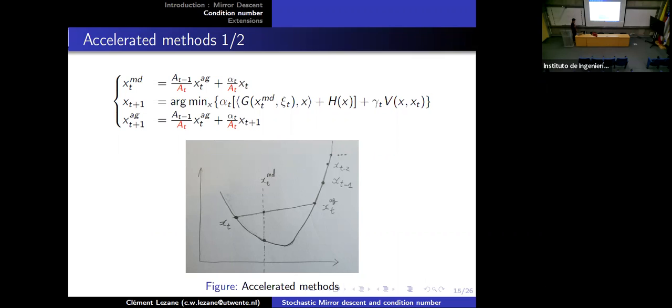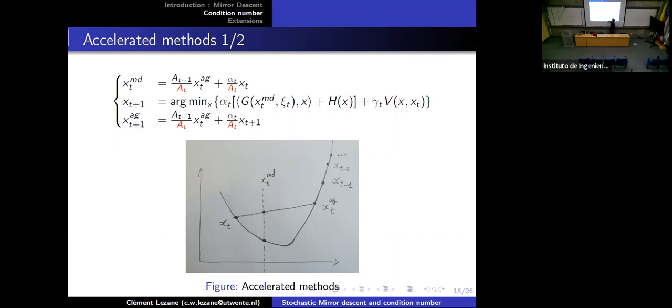The idea is that for a smooth problem, because we are optimizing a convex function, instead of taking the gradient at the point xt at iteration t, it might be better to consider all the points before, take a convex combination point, and take the gradient there.